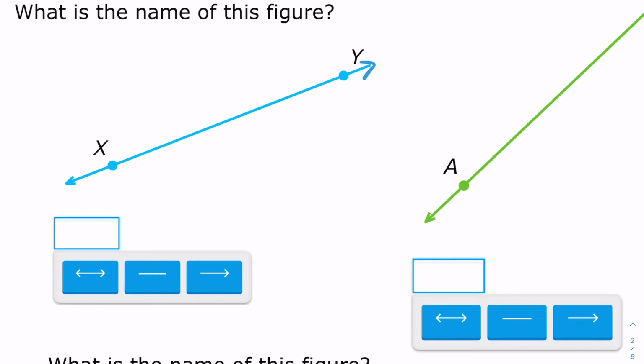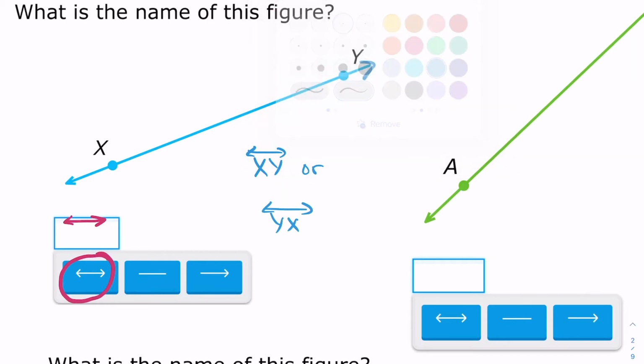So how do we name this? Well, this line has two names. It has line XY, or we can name it line YX. So what we have to make sure we do on IXL is click this to put the line above it, and then type in our letters, which are going to be either X and Y or Y and X. What this is telling the reader is that it doesn't matter what direction we go in, because X and Y go on forever in opposite directions from one another, and they continue on.